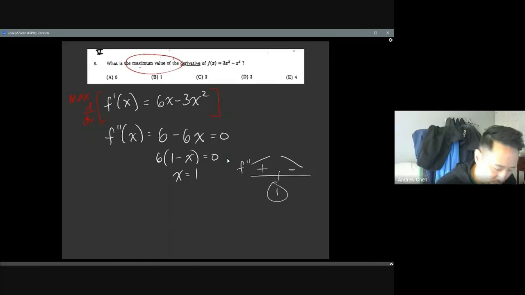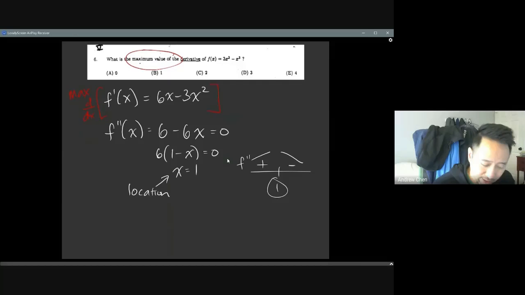So great, this is going to be where our maximum value occurs, right? So remember, this is the location of where my maximum slope occurs. They are asking for the maximum value, not where it occurs, which means I need to substitute x equal 1 back into my derivative equation, which is this right here.